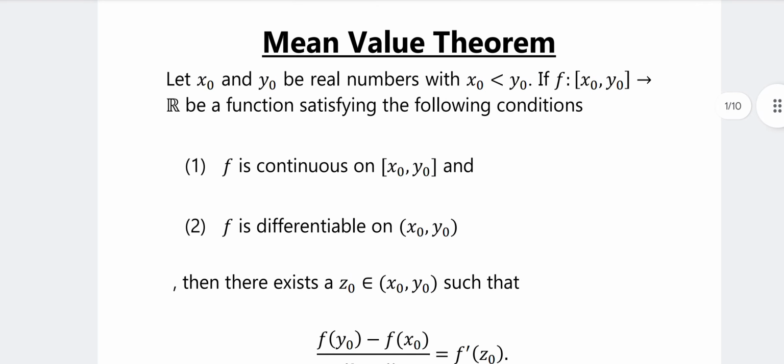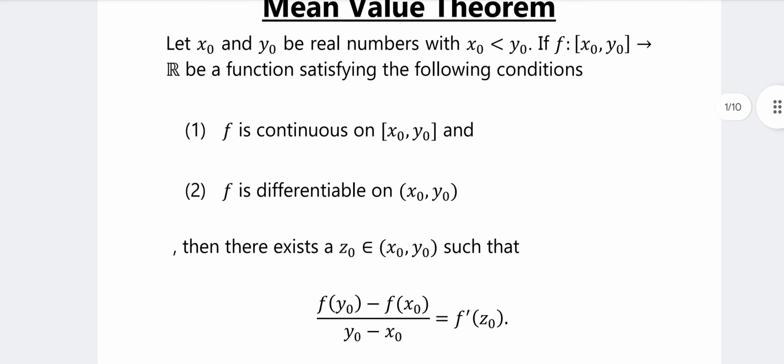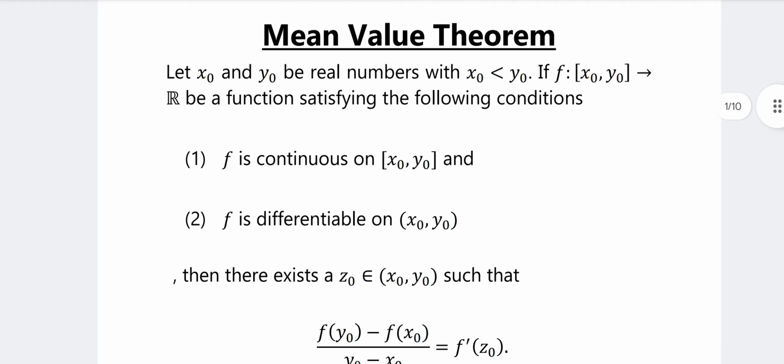So my aim in this lecture is to tell what the applications of the mean value theorem are. The mean value theorem looks like a simple theorem, but in actuality it has some applications which help us solve some complicated problems and take decisions.